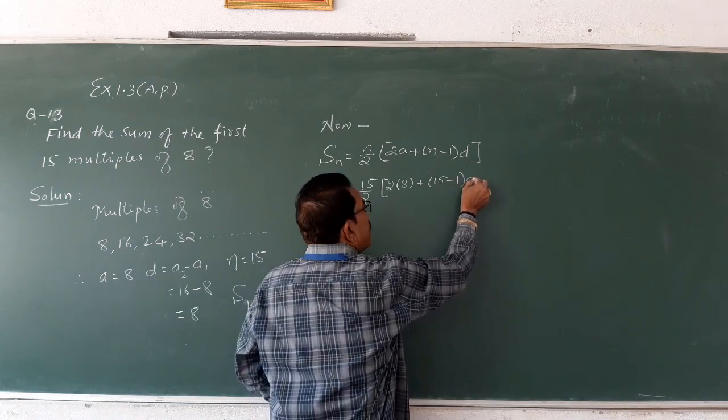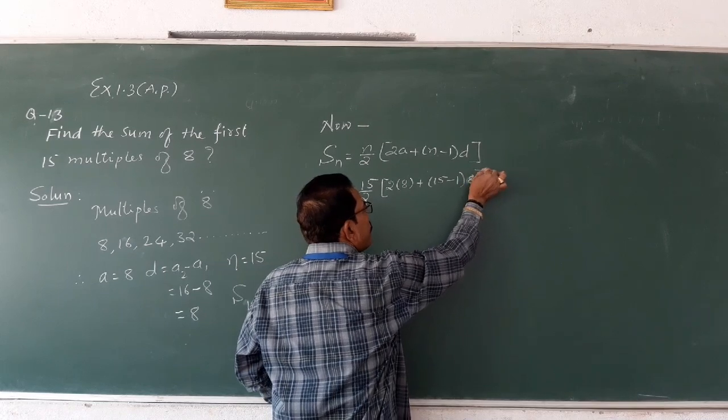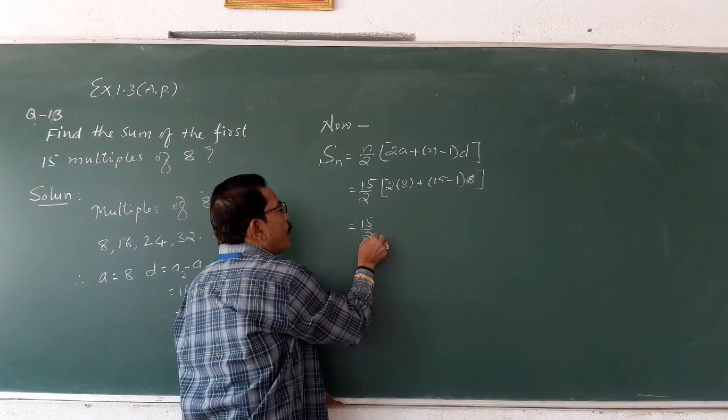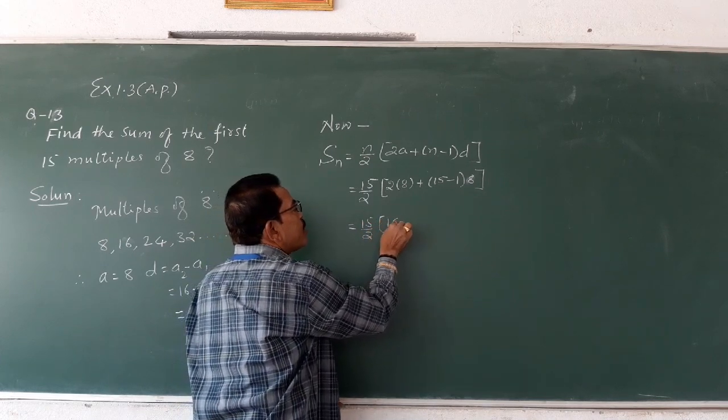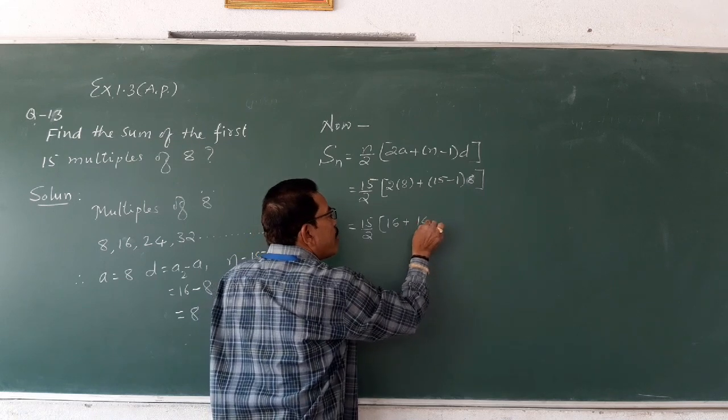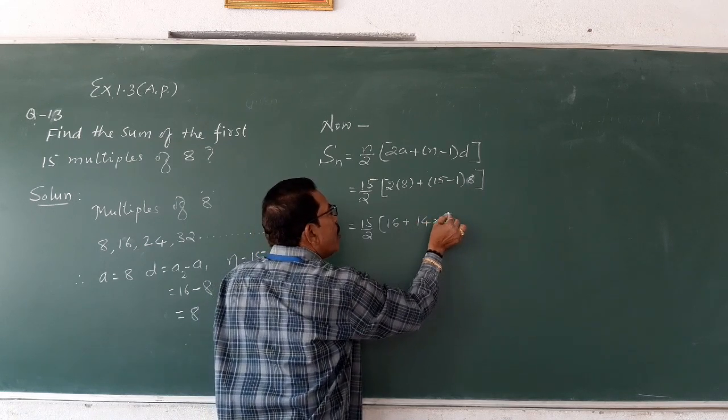So 15 by 2, 2 eights are 16, plus 14 into 8, that is 112.